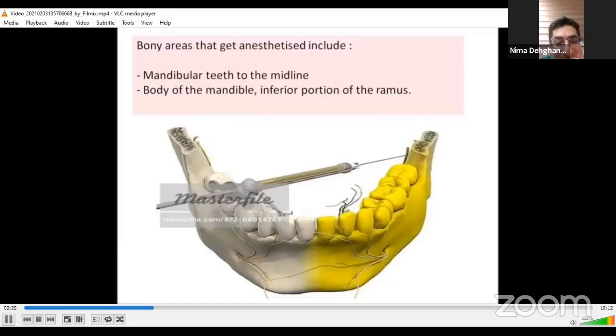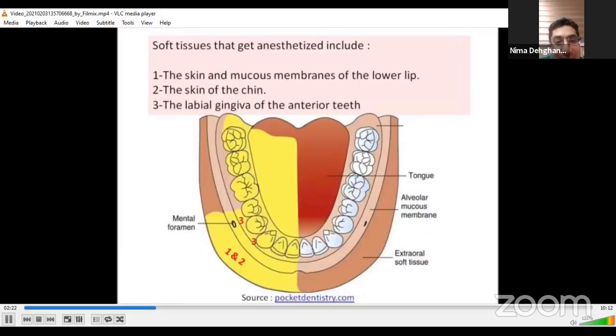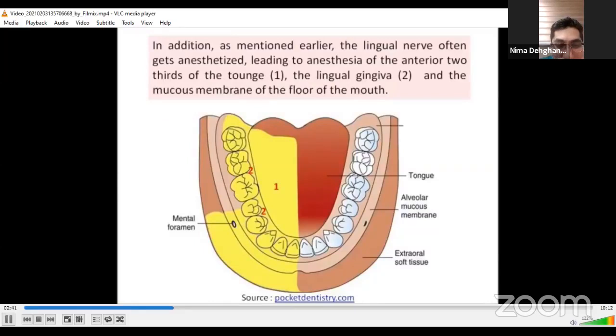Soft tissues that get anesthetized include the skin and mucous membrane of the lower lip, the skin of the chin, and the labial gingiva of the anterior teeth. In addition, as mentioned earlier, the lingual nerve often gets anesthetized, leading to anesthesia of the anterior 2/3 of the tongue, the lingual gingiva, and the mucous membrane of the floor of the mouth.